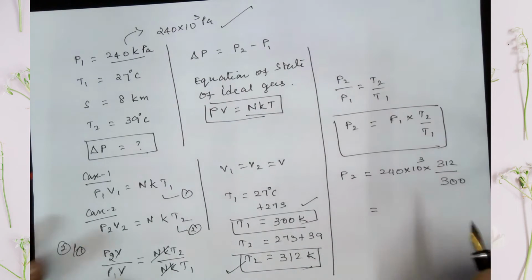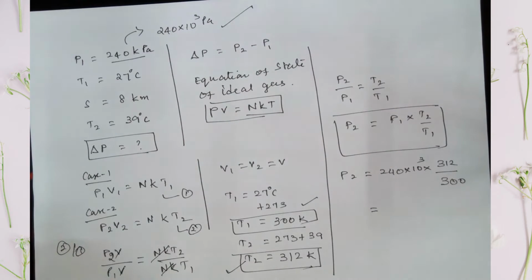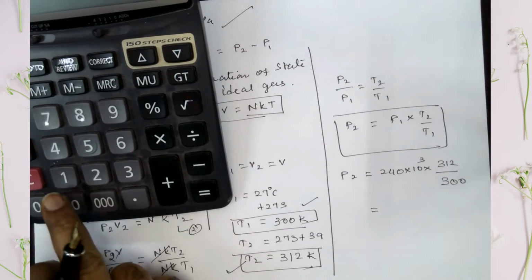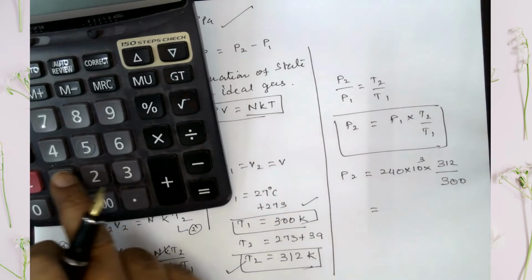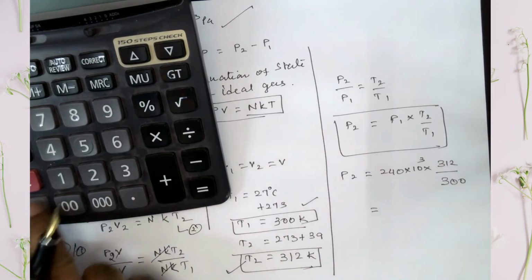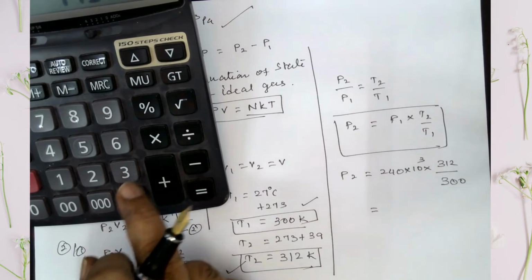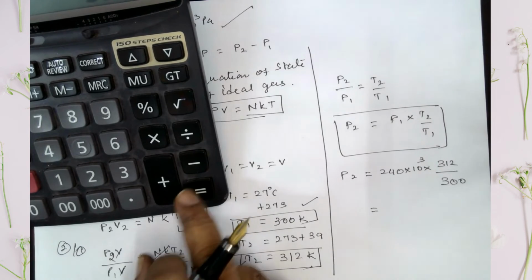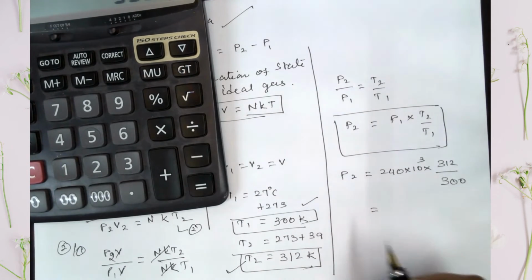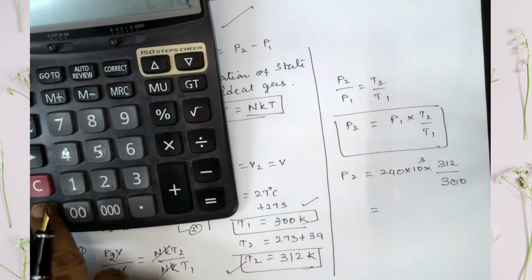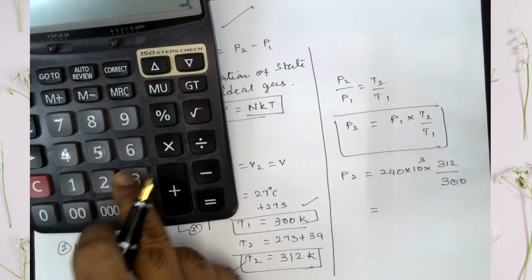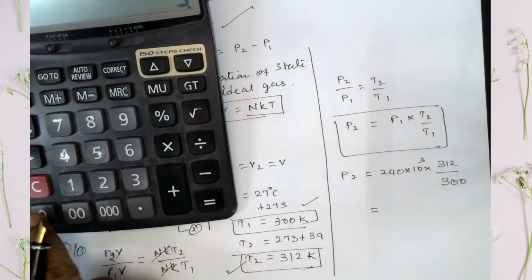Now let us work out. 240 into 312 divided by 300 is equal to... let me check once again. 240 into 312 divided by 300.